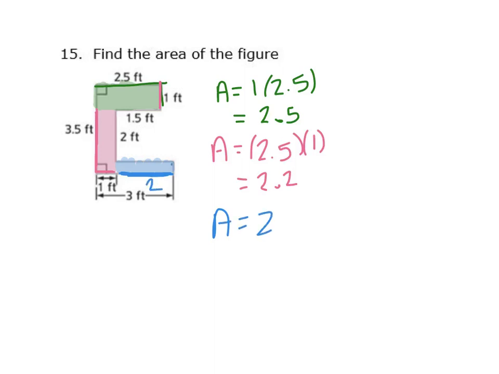And then I just need this little piece here. If the whole thing is 3.5, it's going to be 3.5 minus this one and this 2. So 3.5 minus 2 is 1.5. Minus 1 is just half. So 2 times half gives us an area of 1.